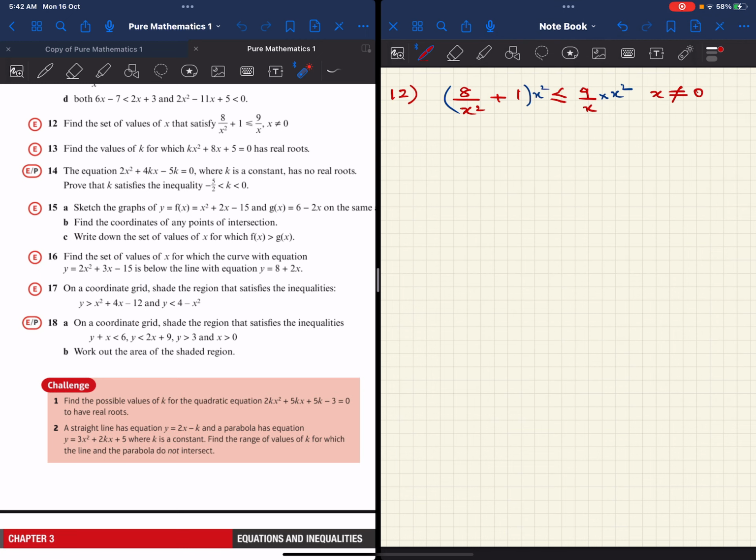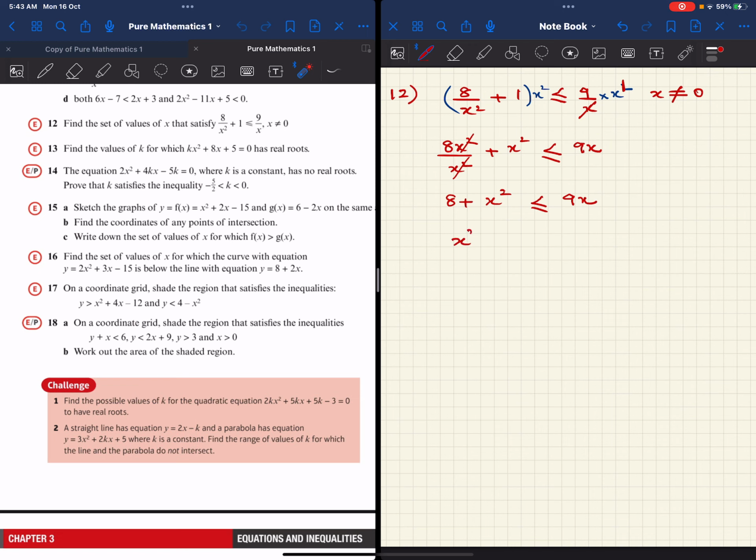So we have 8x squared divided by x squared plus 1 into x squared is x squared, and that is less than or equal to. Now the x in the denominator cancels out one of the x's, and I'm left with x to the power of 1, so 9x. Now this x squared and x squared also cancel. So on the left side I have 8 plus x squared is less than or equal to 9x.